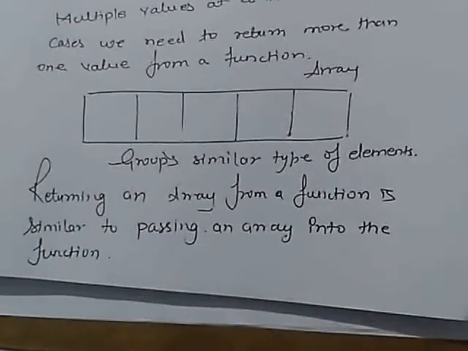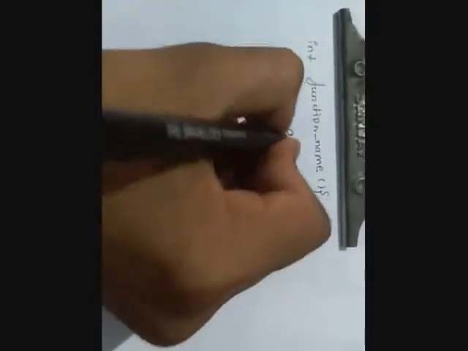Now, to make a function return an array, the following syntax is used. For example, we have integer, function name, return type and array type.